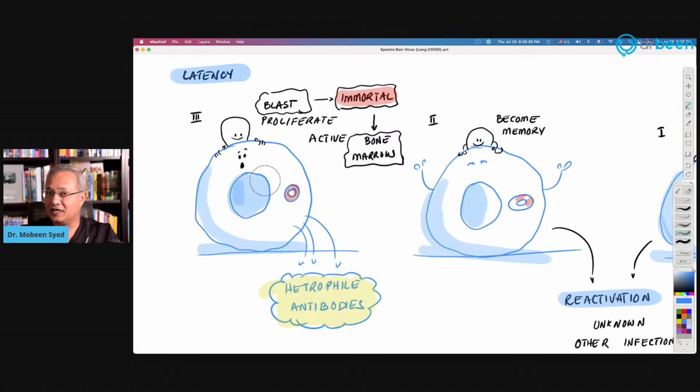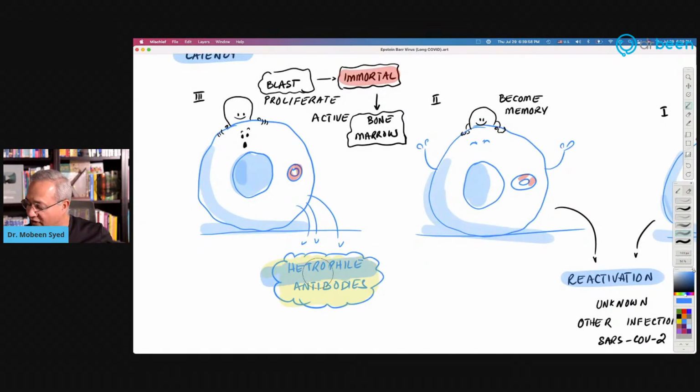But in this case, the B cell would start making weird antibodies. Those antibodies are actually not against this pathogen. They are just because we are tickling the B cell so much that it is giggling and laughing and just making whatever antibodies it can. These antibodies are called heterophile antibodies. They do not attack this pathogen, but they are an indicator of a sick B cell.